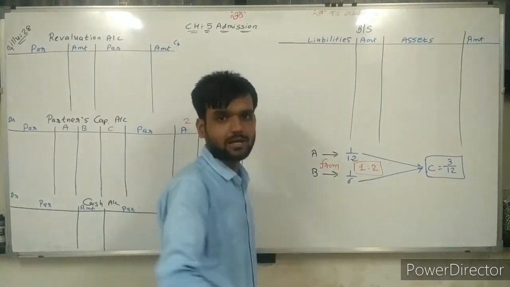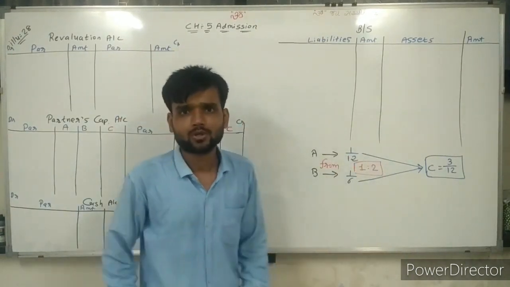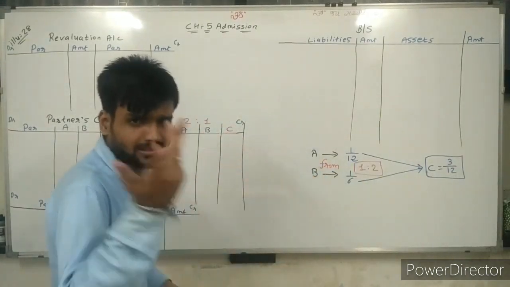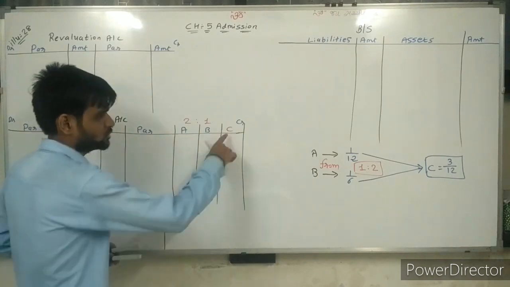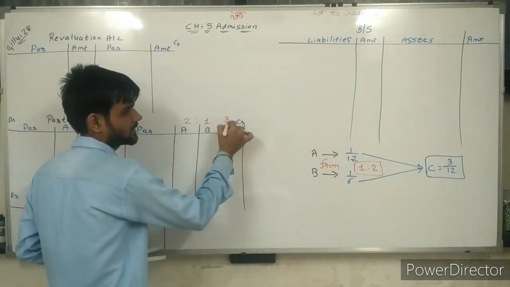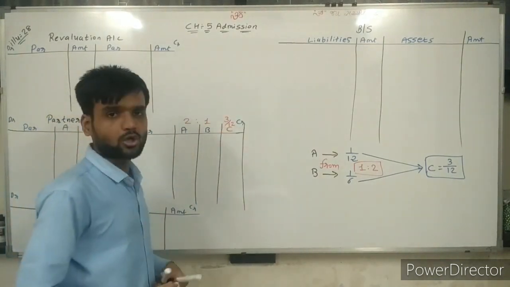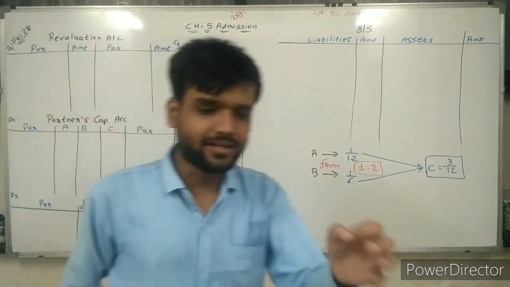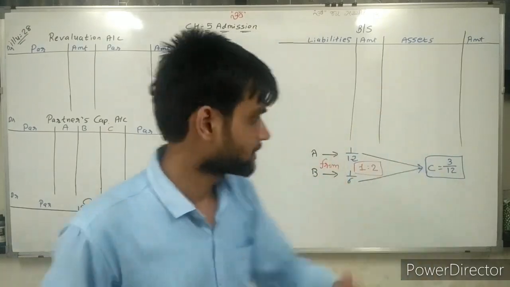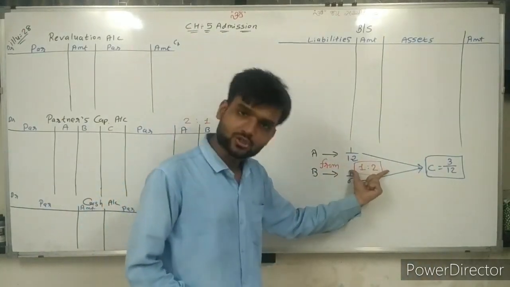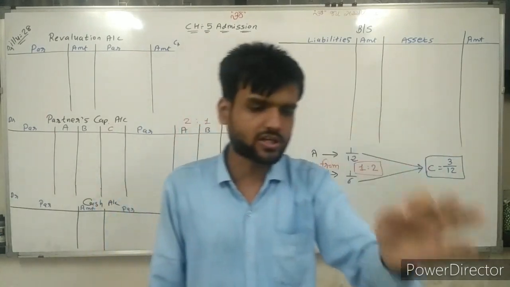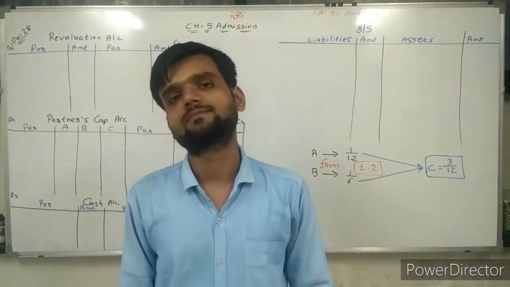So 1:2 is my sacrifice ratio, and the new ratio of C is 3 upon 12. That's it. So C's share in future is 3 upon 12. Simple. So by reading the first adjustment, we have the sacrifice ratio 1:2 and the new ratio of C.